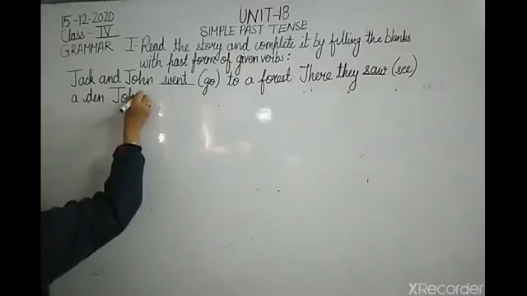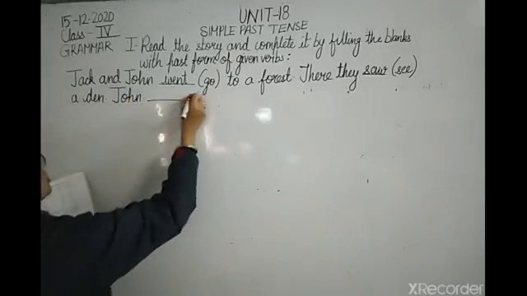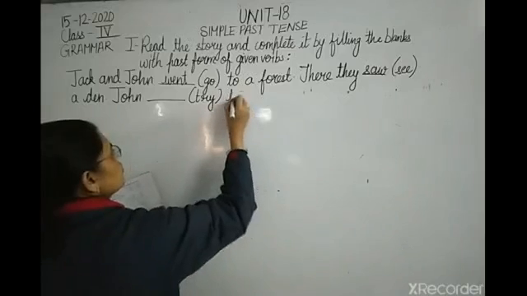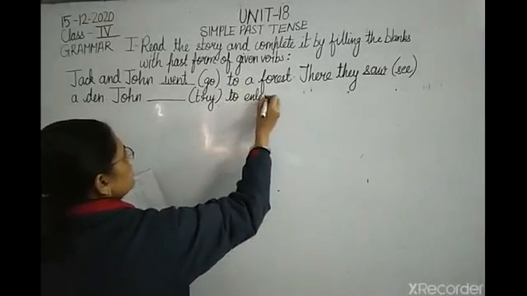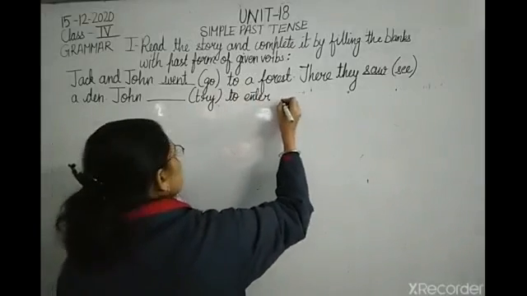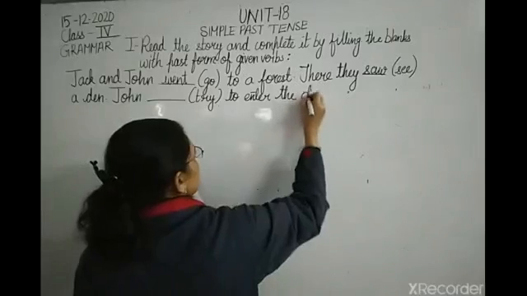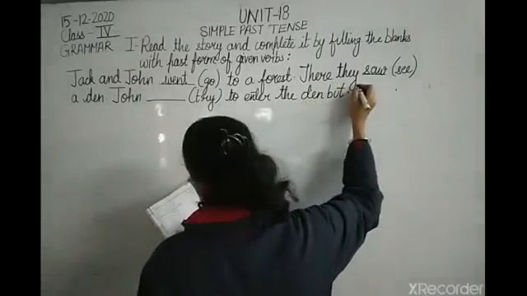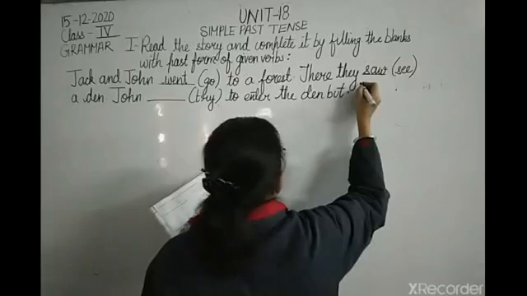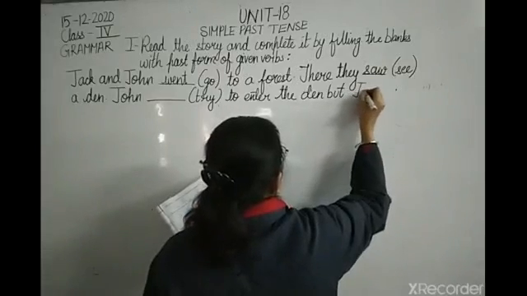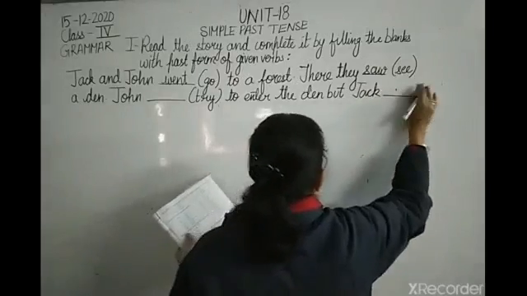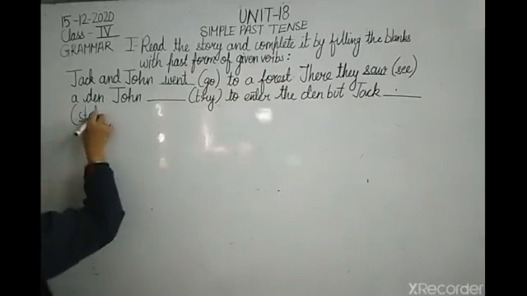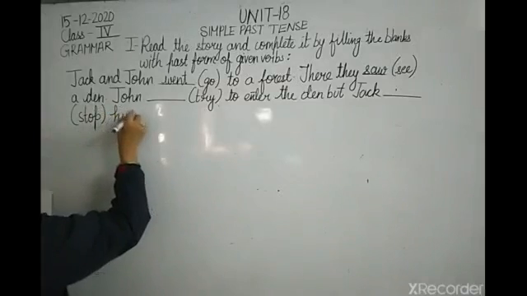John dash try to enter the den, but Jack dash, the verb given in the bracket is stop him.